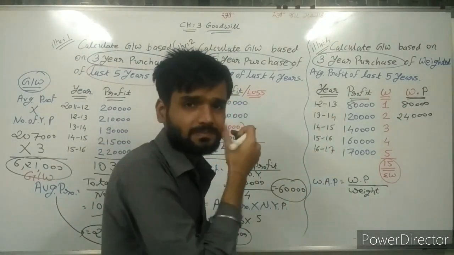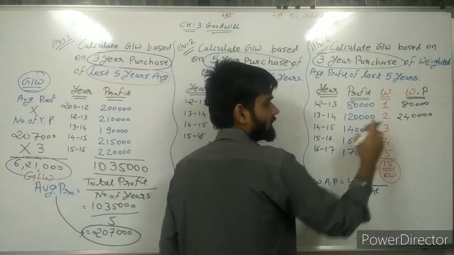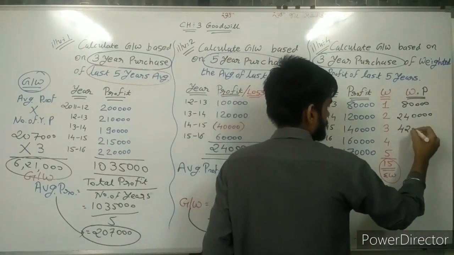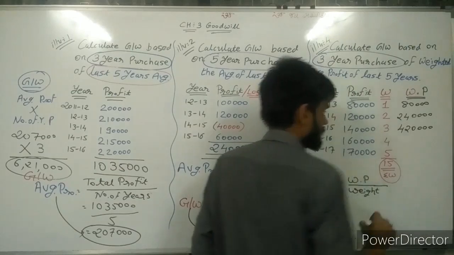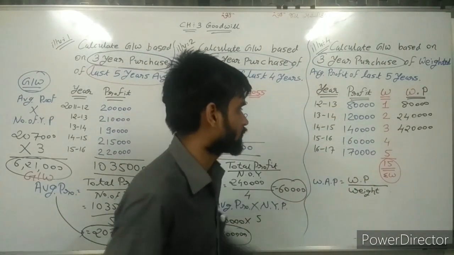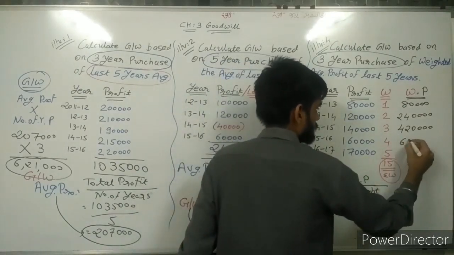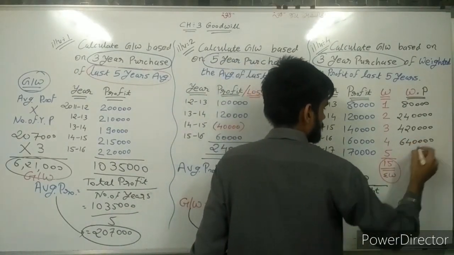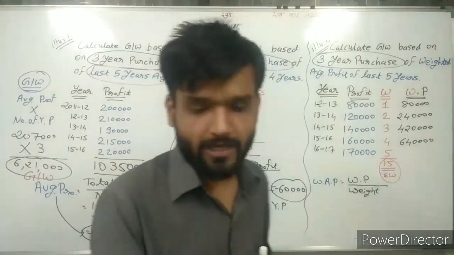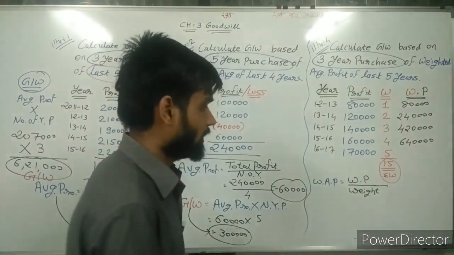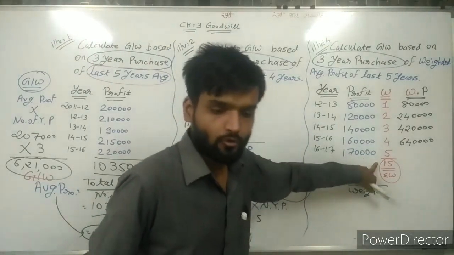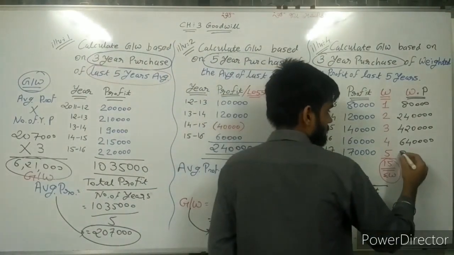Third one, 1,40,000 into 3. 1,60,000 into 4. And the last one, 1,70,000 into 5, that is 8,50,000.